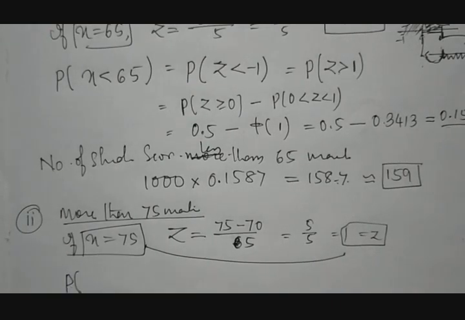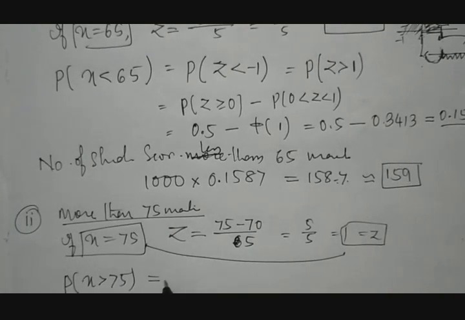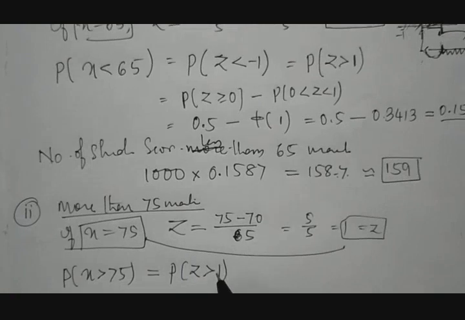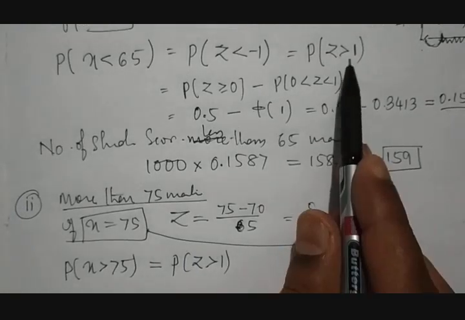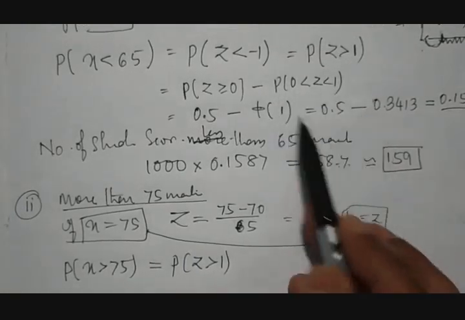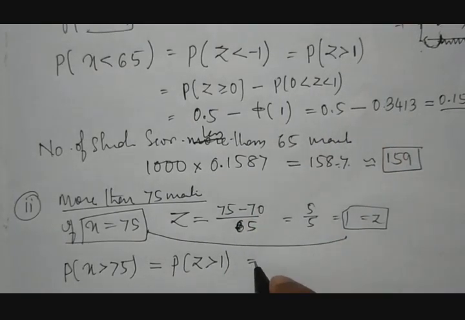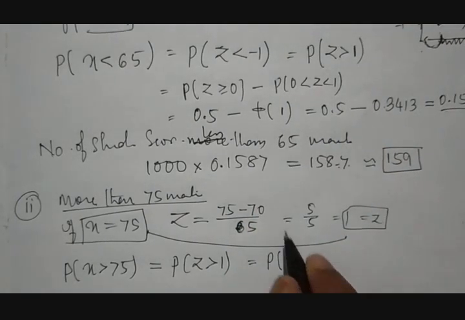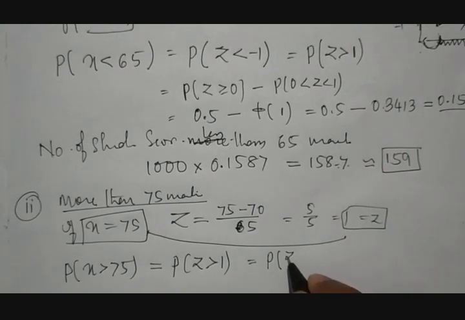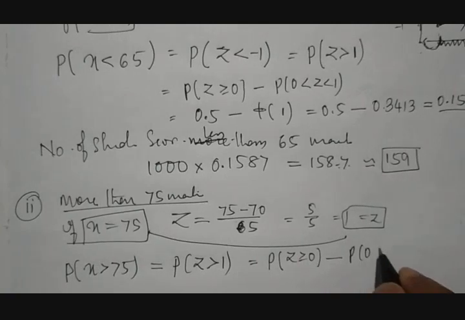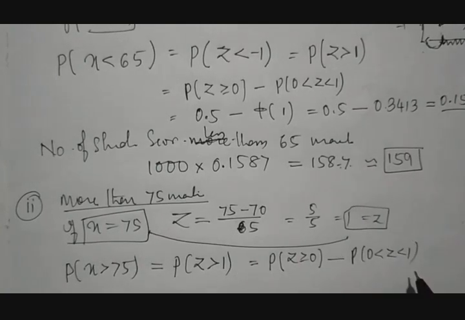Then the probability of x more than 75 can be written as the probability of z more than 1. What is the probability of z more than 1? The same previous calculation, which is nothing but the probability of z greater than or equal to 0 overall, minus the probability of 0 less than z less than 1.